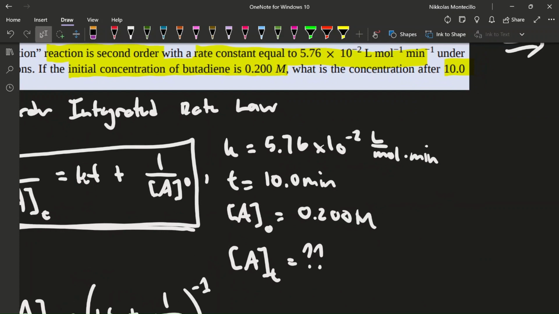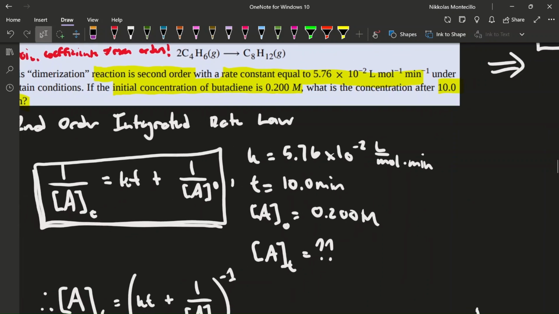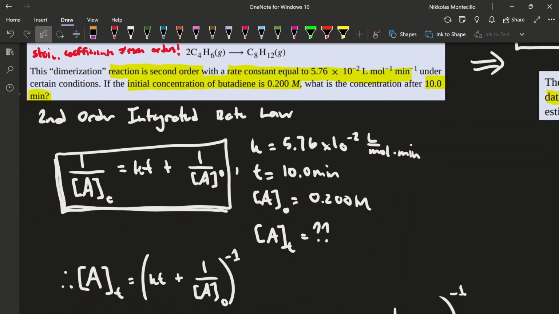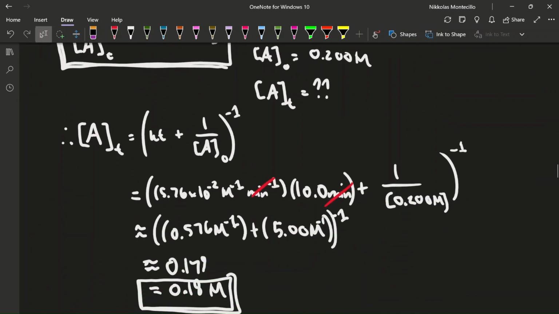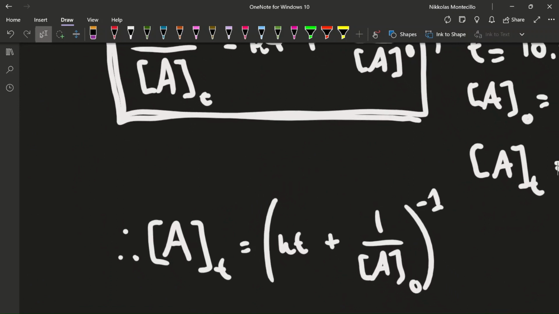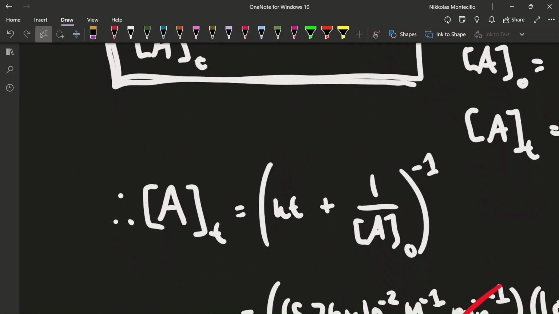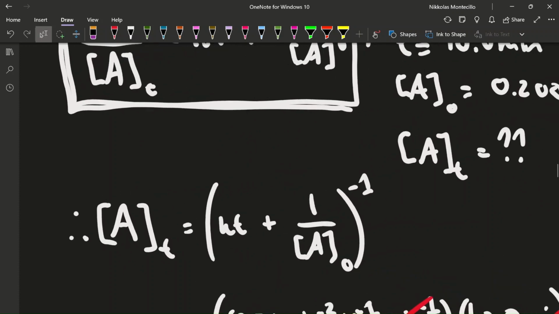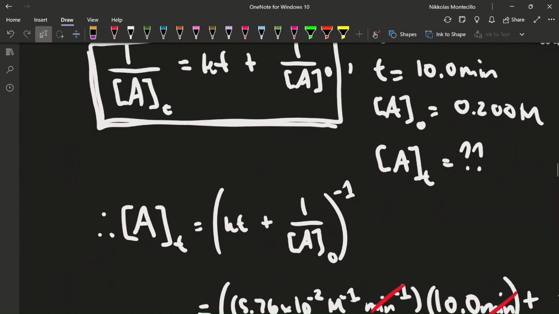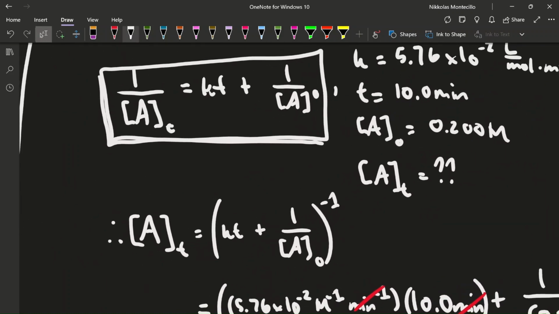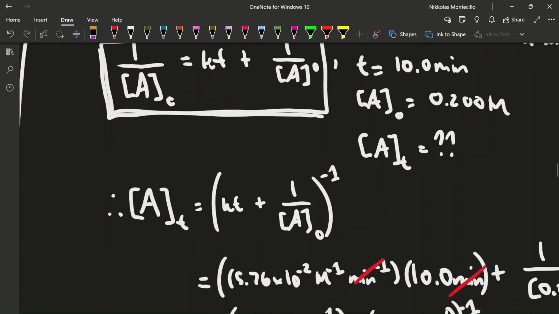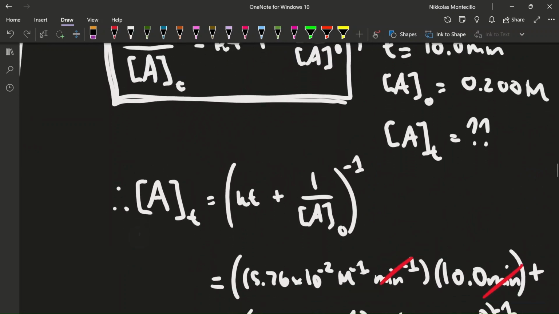T equals 10 minutes. The initial concentration equals 0.200, and the concentration of A at a given time t is equal to what? So we want to find that. It's a very simple step that we have to apply here. All we have to do is inverse the entire function to get the concentration of A at a given time t, as you can see with this formula. What we want to do is isolate for this variable right here. We don't want to have that inverse hanging over us.